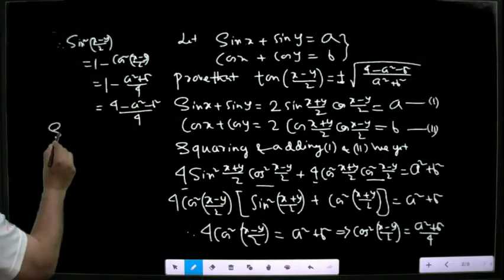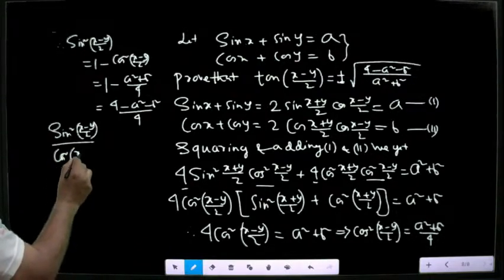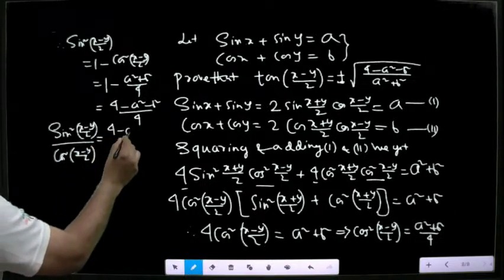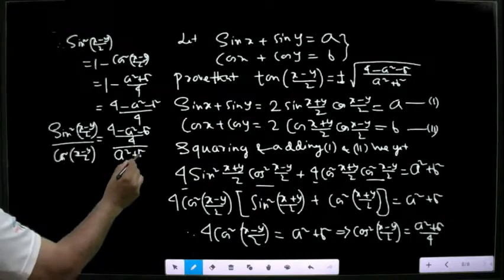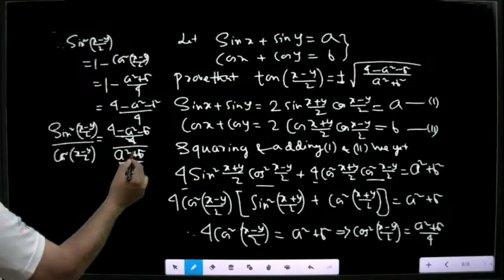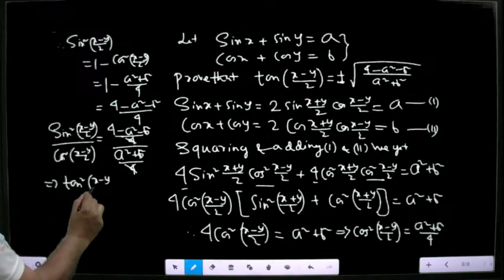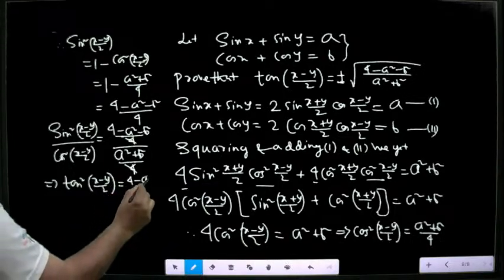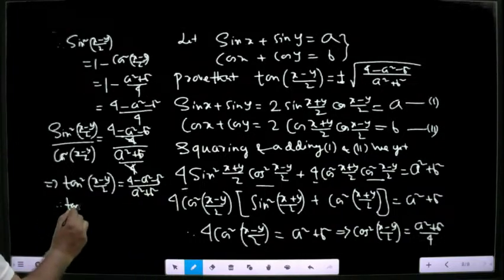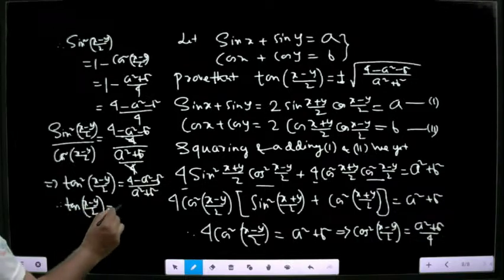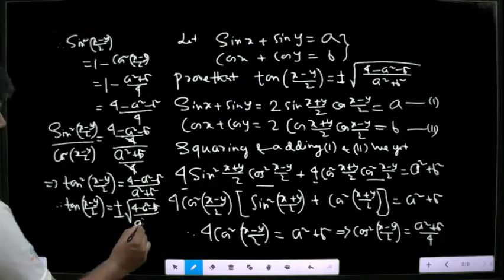So sin square x minus y by 2 by cos square x minus y by 2, that is 4 minus a square minus b square by a square plus b square. Cancel, sin by cos, so tan x minus y by 2 is plus minus the square root of that.